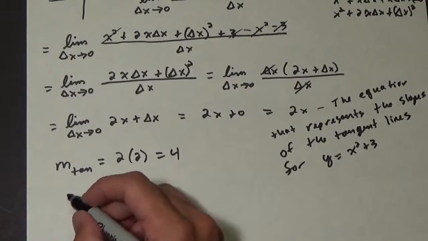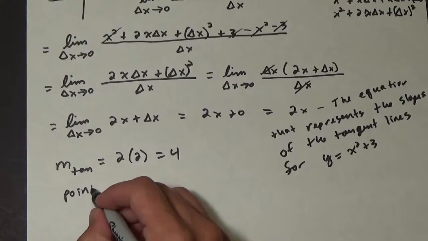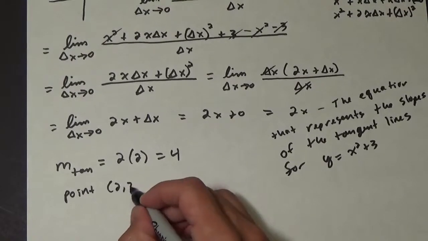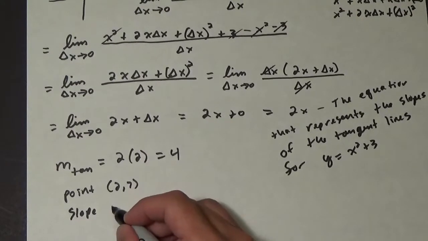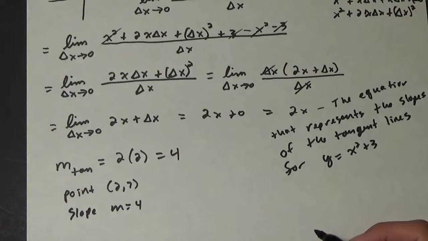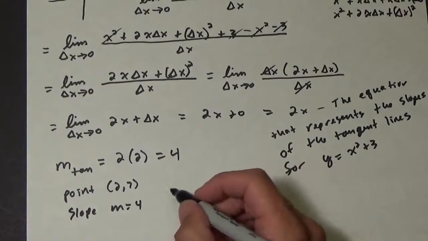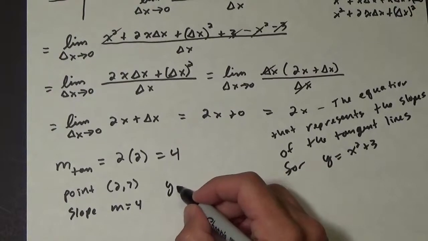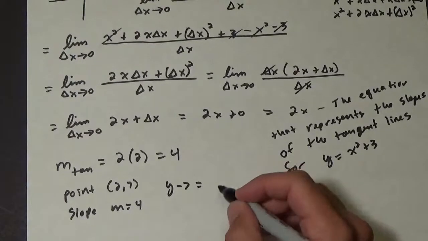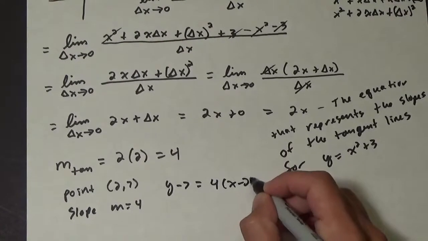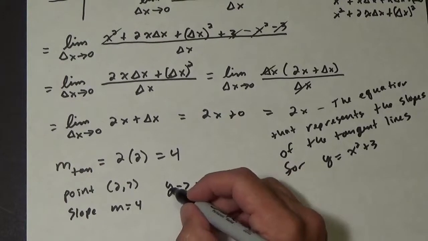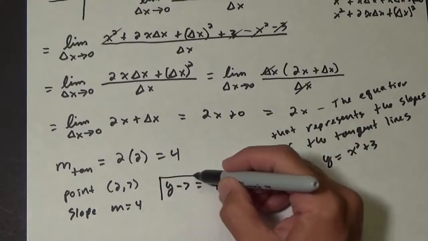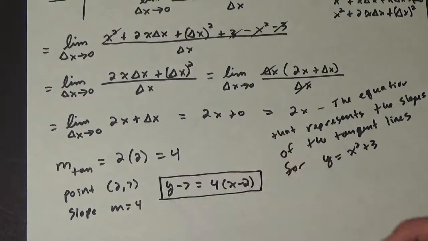So now we have a point, which is 2, 7. We have a slope, which is m equals 4. And so the equation of the tangent line would be y minus 7 equals 4 times x minus 2. Okay? And there's our solution.